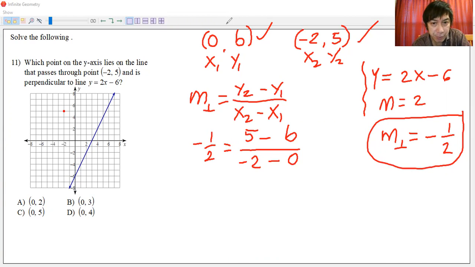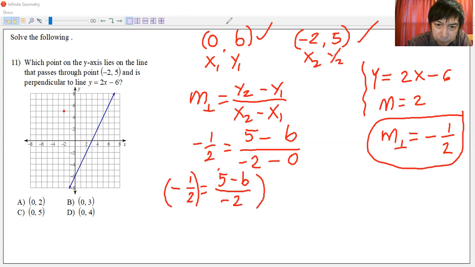Cross multiply first. So negative 1/2 at the left side, and when we have a negative 2 at the denominator here. So further simplification will make this negative 1/2, and this is 5 minus b. Negative 2 minus 0 is simply negative 2, there. Now multiplying by negative 2 both sides, okay? Multiply both sides by negative 2, like this, and another negative 2 here.